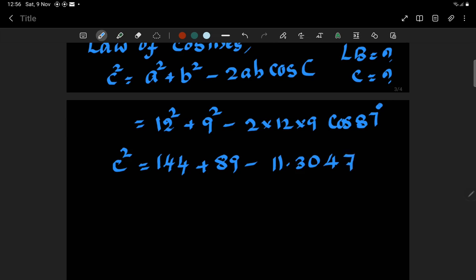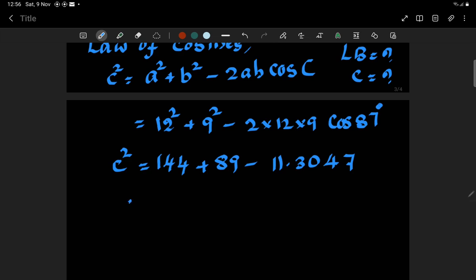The final answer is 11.3047. Then the total is 144 plus 81 minus 11.3047.